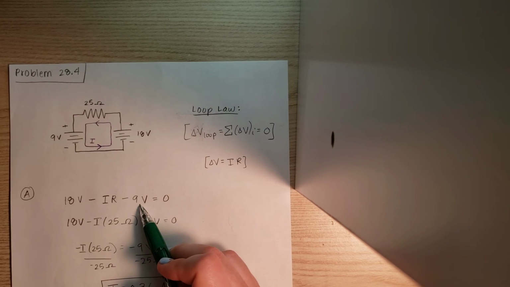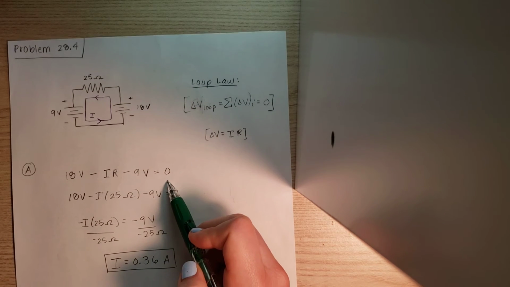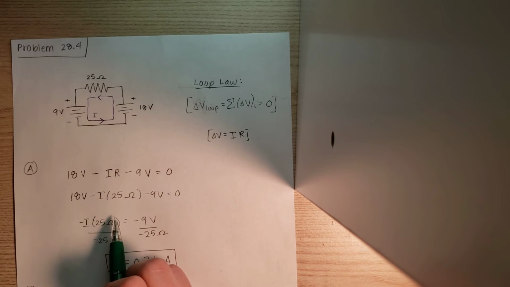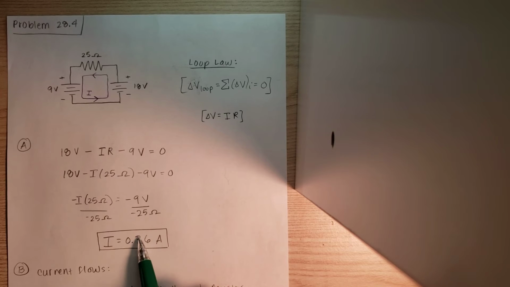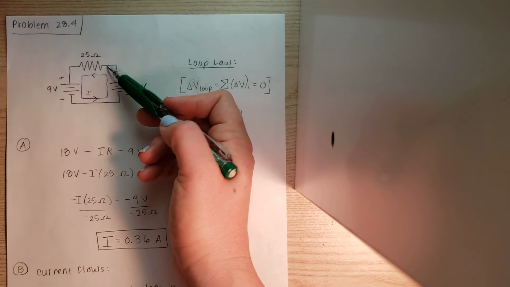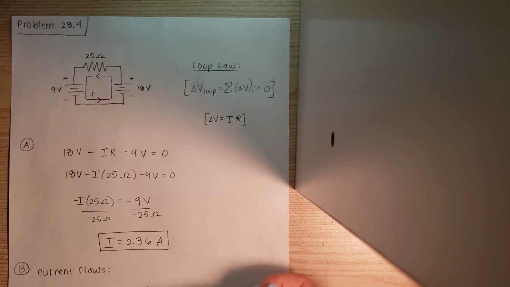So subtract the 9 volts, and then all that will equal 0. We just plug in our resistance there to solve for I, and then we end up with I equal to 0.36 amps. So the current across this resistor is equal to 0.36 amps.